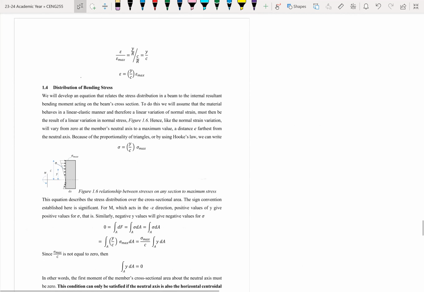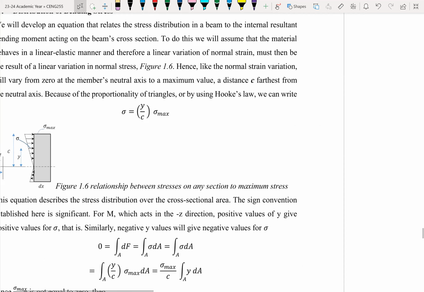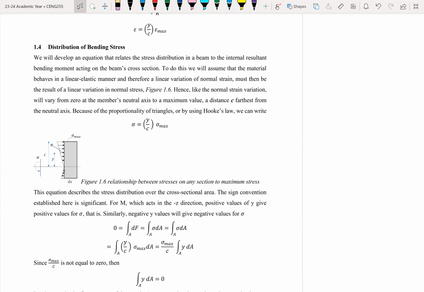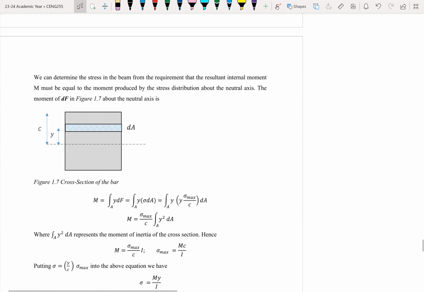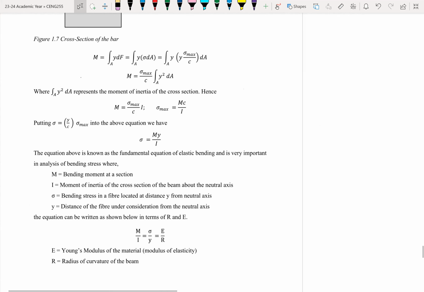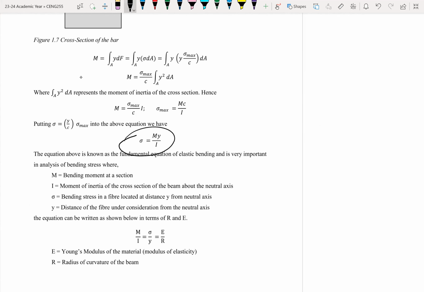Anytime there's bending, that will also develop some stresses in the beam. To find the stress in the beam at any point, this is the equation for finding bending stress.